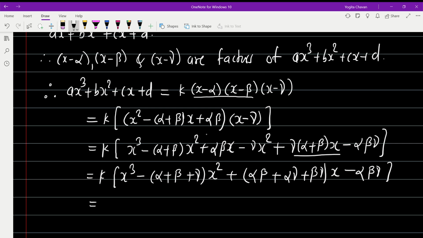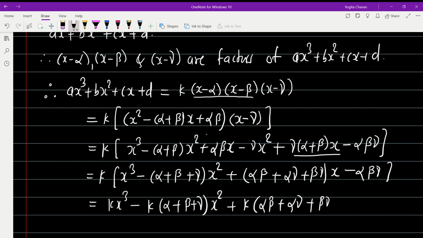So it is k x cube minus k into alpha plus beta plus gamma into x square plus k into alpha beta plus alpha gamma plus beta gamma into x, minus k into alpha into beta into gamma.